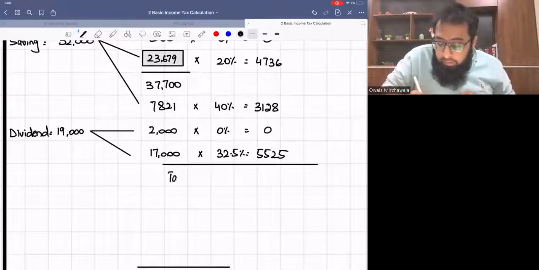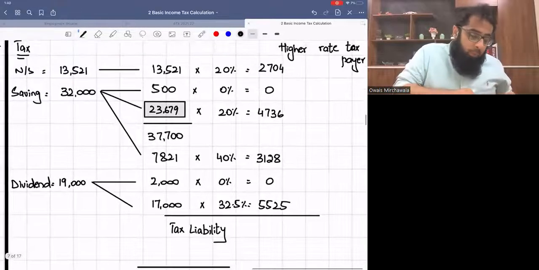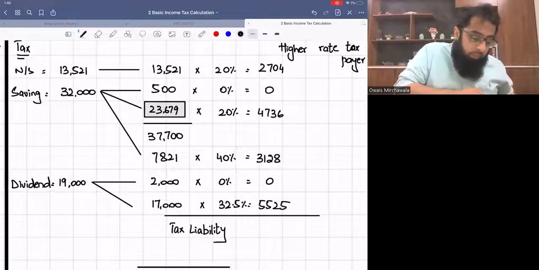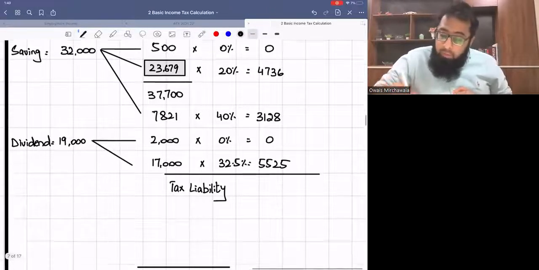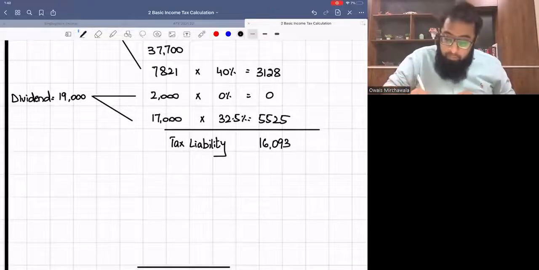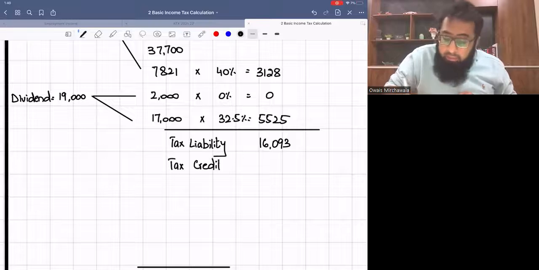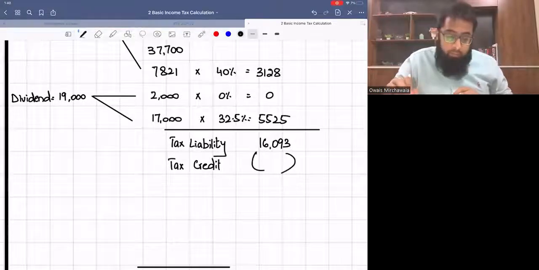This gives me tax liability: 2,704, 4,736, 3,128 and 5,525. So 16,093. We will deduct tax credit, if any, advance tax.